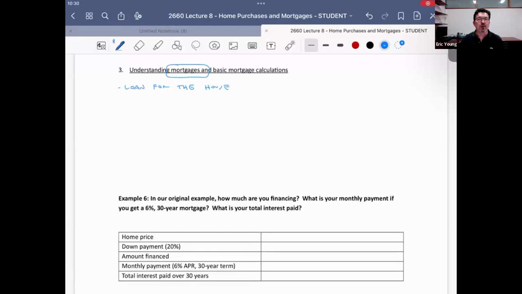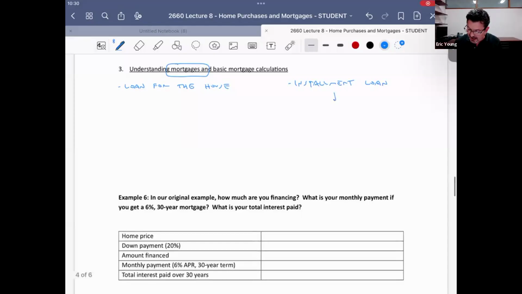That remainder that you're going to borrow, that's the size of the loan, and that's your mortgage. So a mortgage is a loan that's used to purchase a home. A mortgage behaves like a traditional installment loan, which we learned before will generally have a fixed payment.